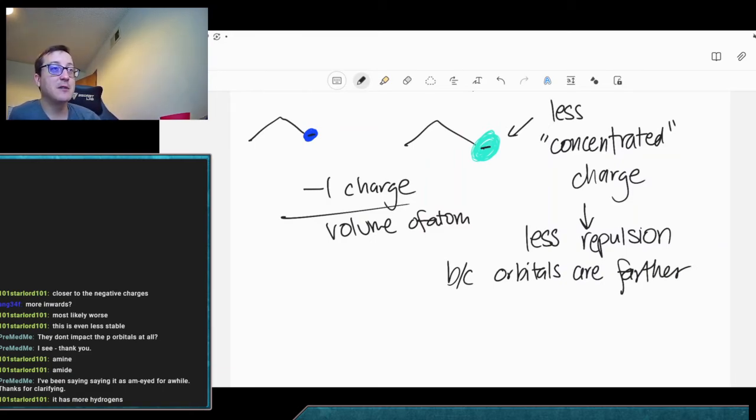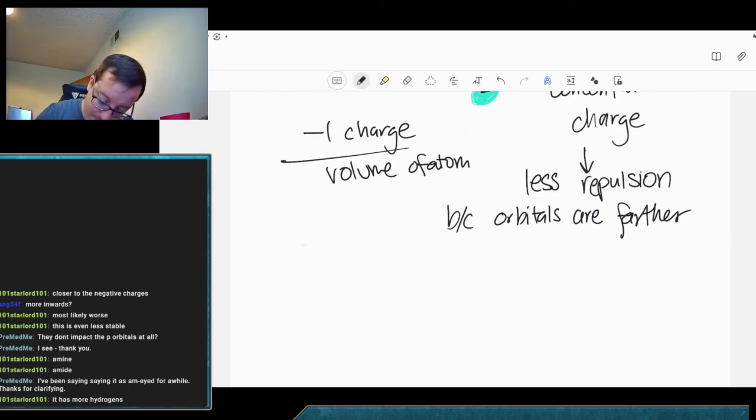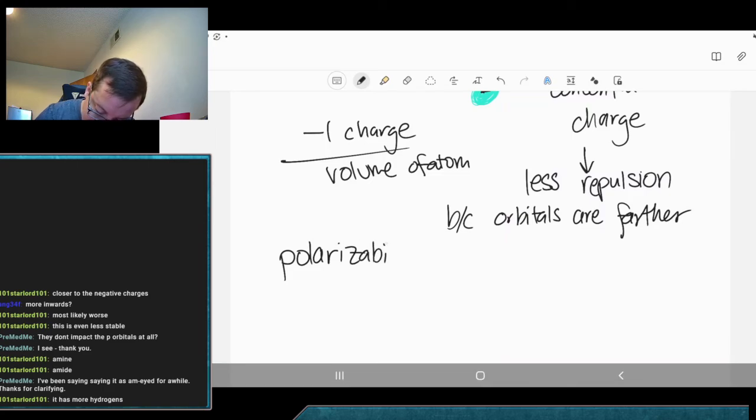And so as a result, sulfur is better to accommodate that negative charge than oxygen is. And so we have a word for this. We call this polarizability.